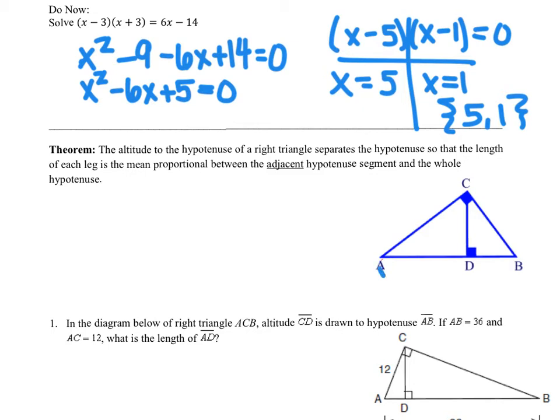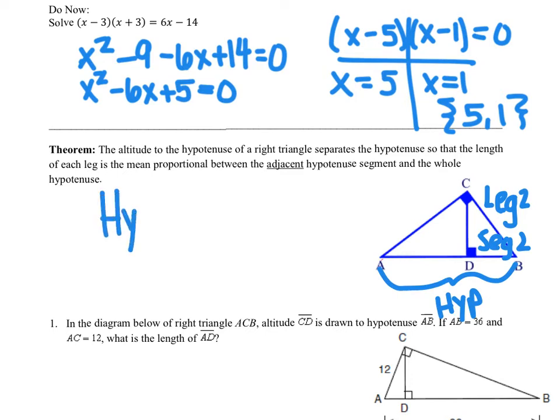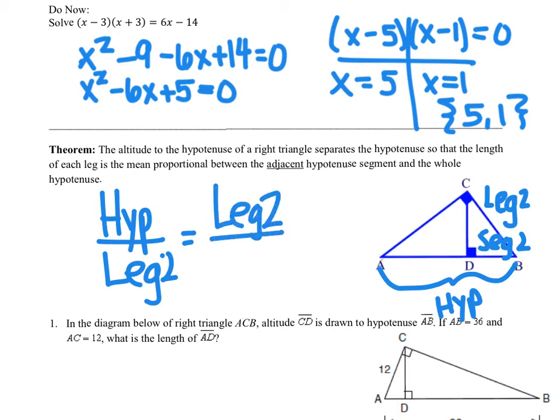And that will look like our height, our other leg, and the other adjacent segment. That will also use the HLLS proportion. So height over leg 2 is equal to leg 2 over segment 2.